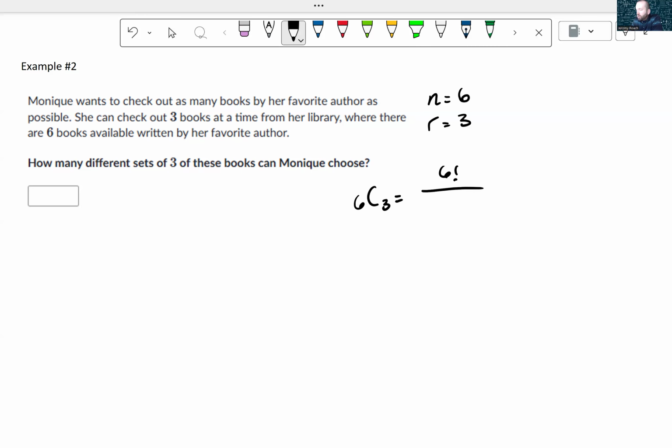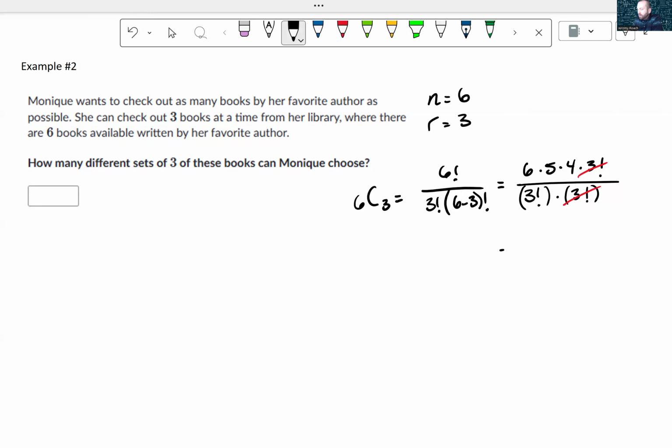That's 6 factorial over 3 factorial times 6 minus 3 factorial. That's 6 times 5 times 4 times 3 factorial over 3 factorial times 3 factorial. That's going to cancel one of those 3 factorials on the top and bottom there.